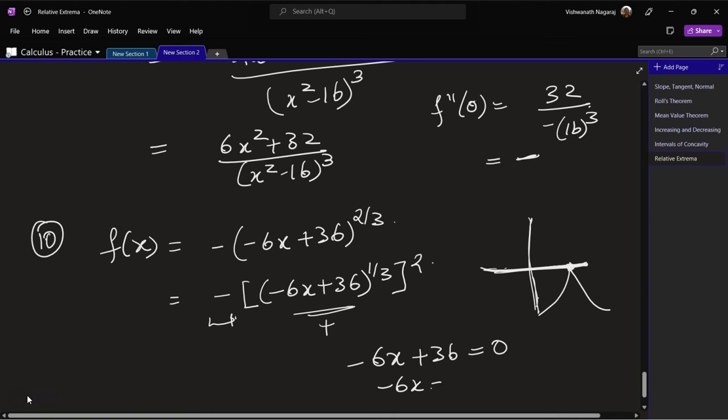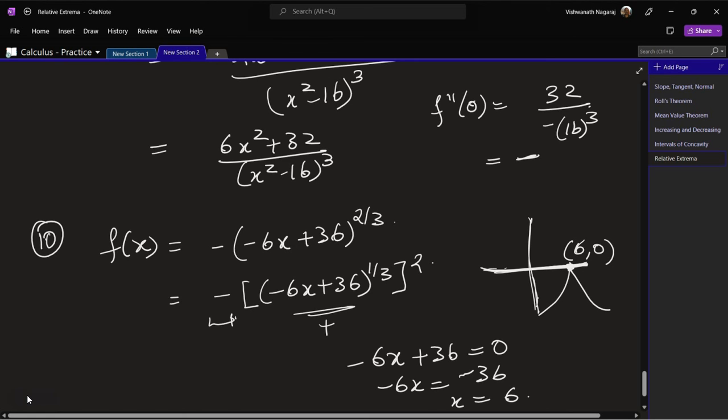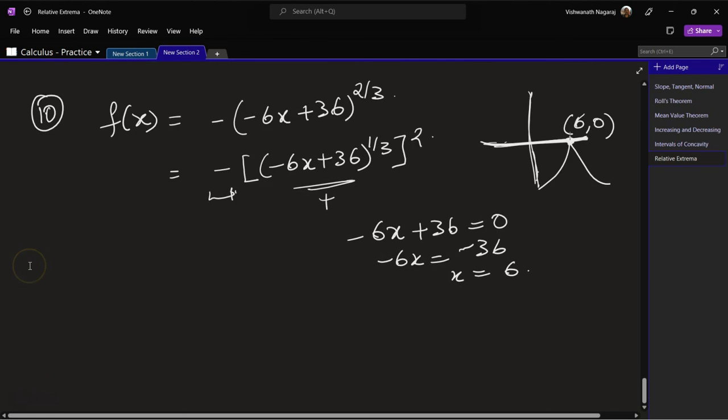When minus 6x is equal to minus 36 and x is equal to 6. So that means this is going to be 6 comma 0, right? And this is going to be the maximum.